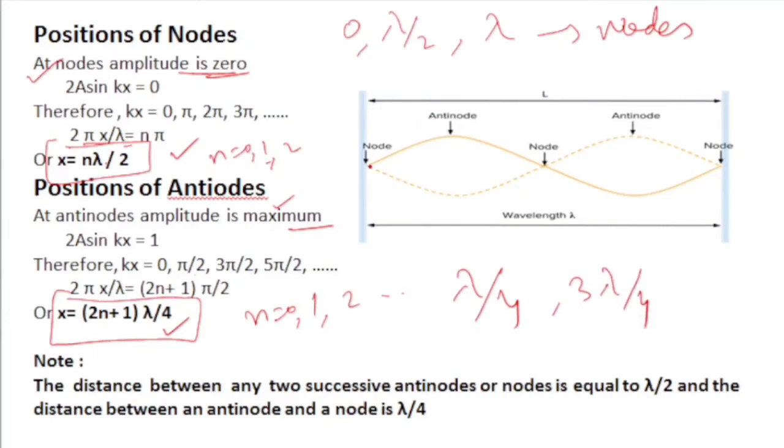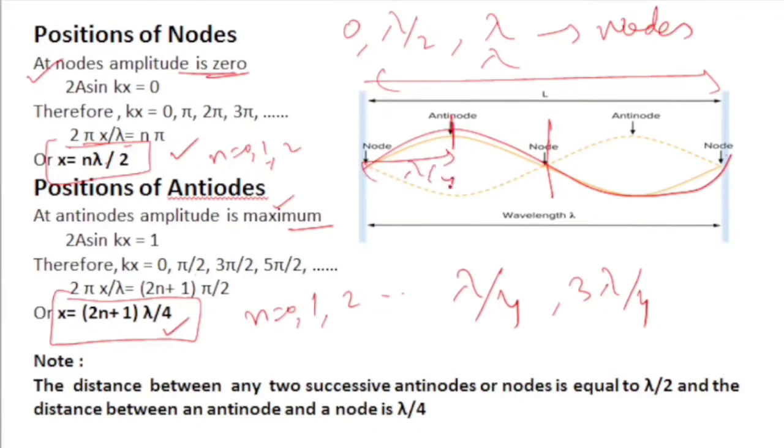You know, one complete cycle is a distance of lambda, right? So this one is lambda by 2, this total is lambda. This half is lambda by 2 and this one is lambda by 4. This distance is lambda by 4. This one is lambda by 2. So at 0, at this point, at lambda by 2 this position, and at lambda this position, a node is formed.